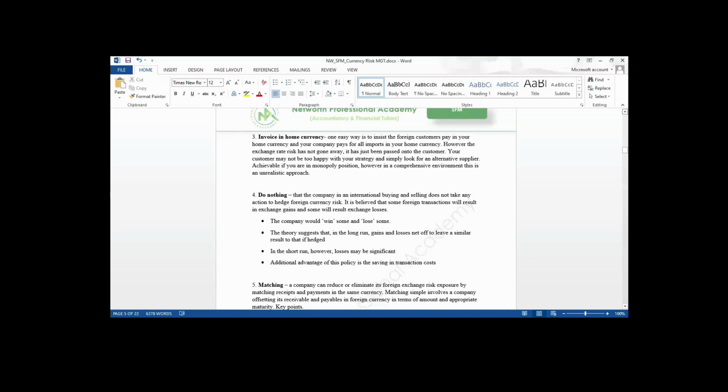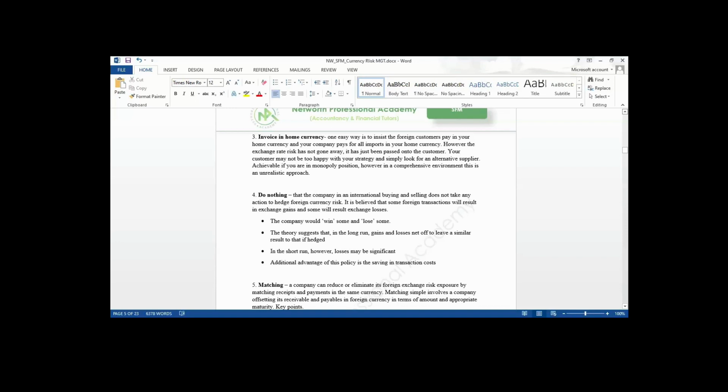Is it a must to pay me in dollars? I can tell my customer in the US, anytime you are paying me, please pay me in naira. I don't want to start looking for exchange rate conversion.